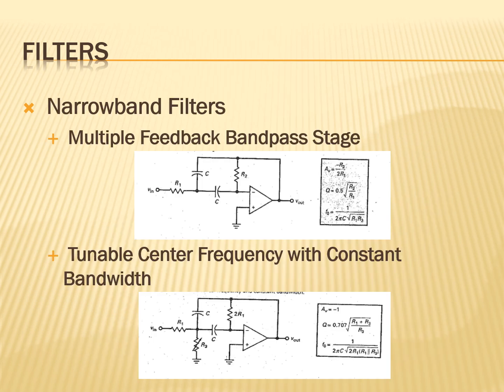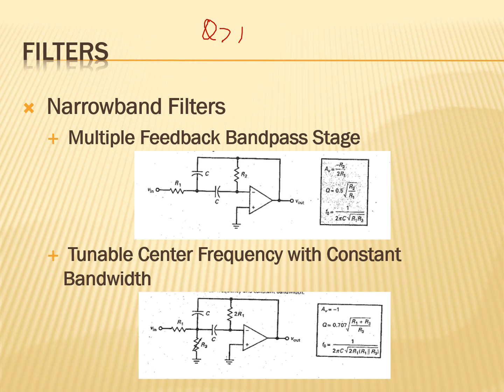For a narrow band filter, what is a narrow band filter? When your Q is greater than 1, we have two options. We have the multipole feedback band pass stage. As we can see, we count 2 capacitors here, meaning it has 2 stages, or 2 poles. And we have the tunable center frequency with constant bandwidth. Actually these two are just the same.